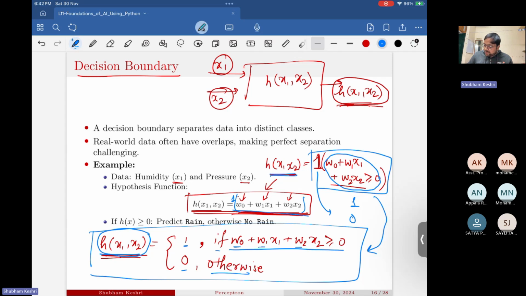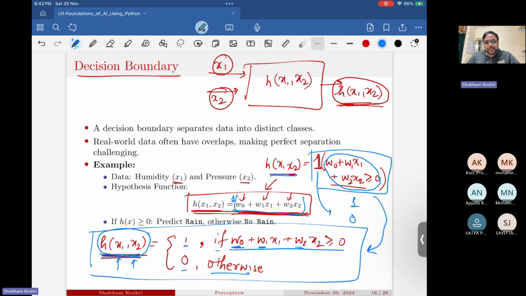These w0, w1 and w2, if you obtain them, then this function is known, because these are the parameters of this function, right? You see, w0 w1 w2 defines that equation, and then when you have x1 and x2, you'll be able to say what is the label, whether it is blue or red, or rainy or not rainy.